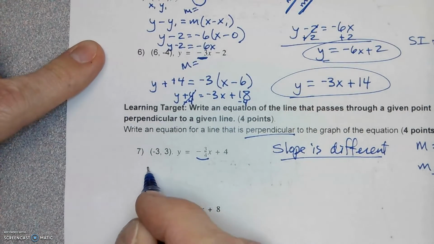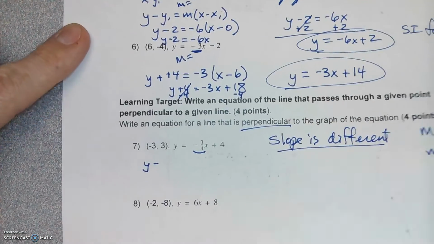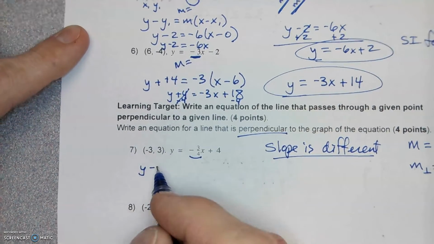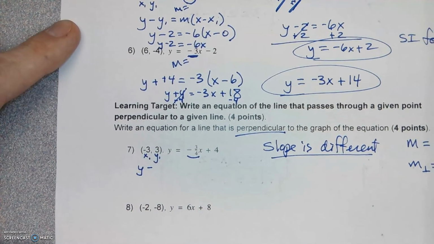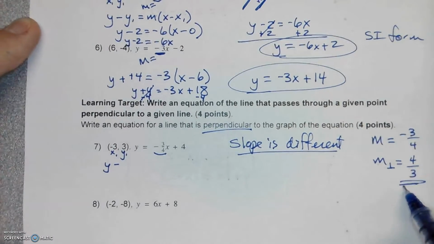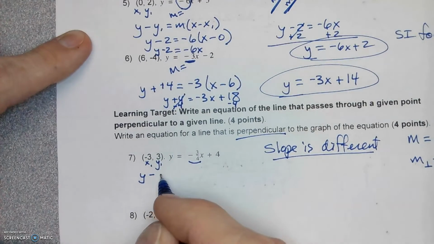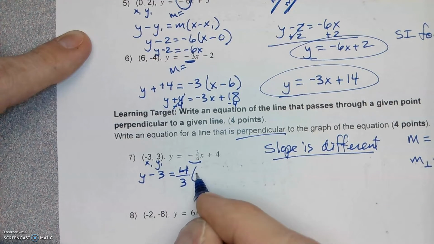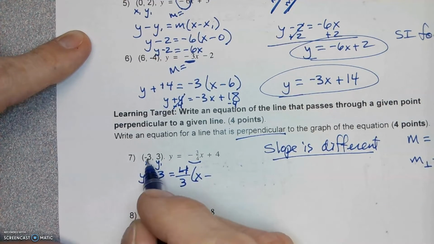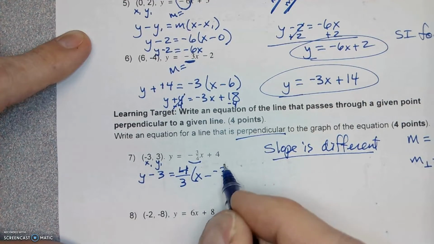Now when you write out your point slope form, everything else will be the same, meaning you're just going to use the x and the y that are given, and then you'll use this slope over here. So y minus 3 equals 4/3 times x minus a negative 3 for x.